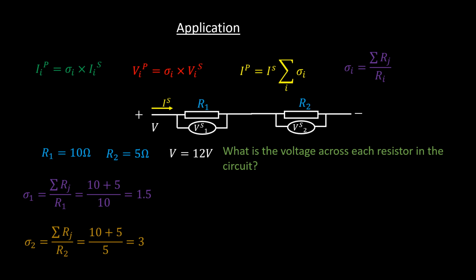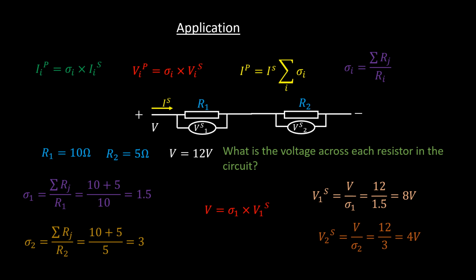Now, we use the voltage relation above, noting that Vpi is the same as the supply voltage. So, for R1, the voltage relation is this, and rearranging for Vs1 gives 12 over 1.5, which is equal to 8 volts. If you do the same thing for R2, you get 4 volts.